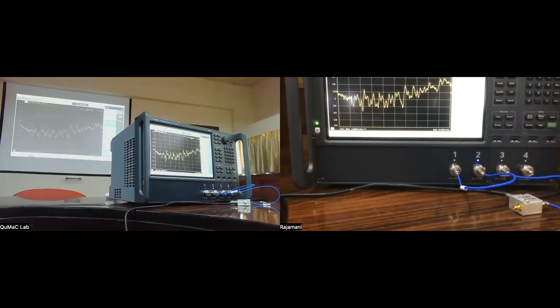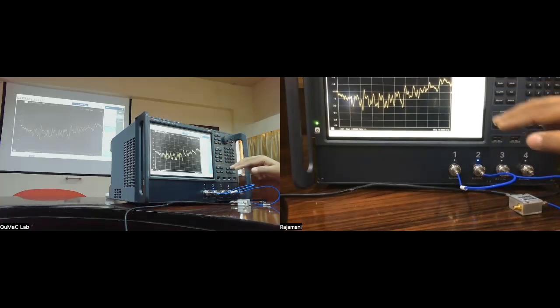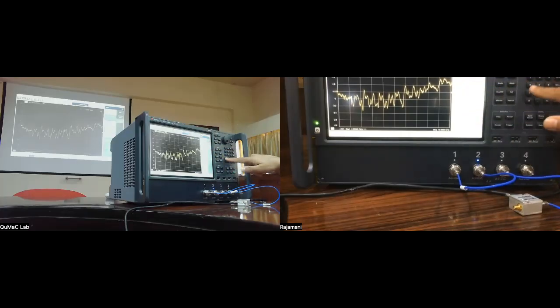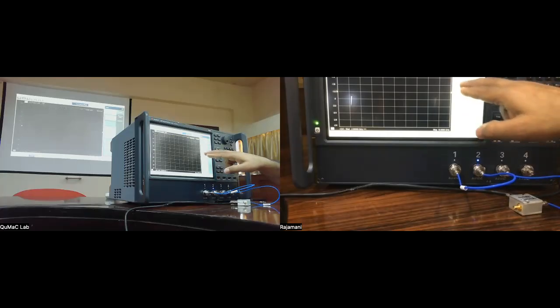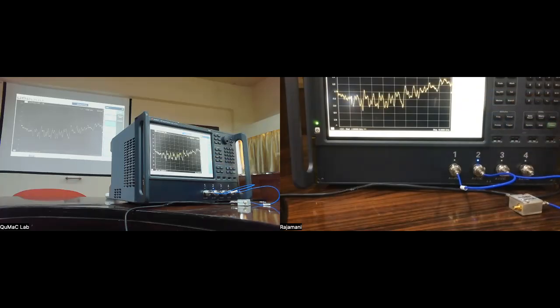It's now mostly flat, but the value is around minus 1.8, a phase offset. Now this looks fairly decent.